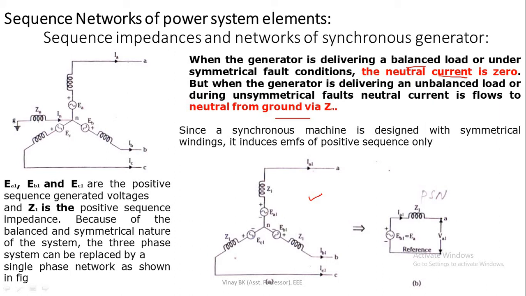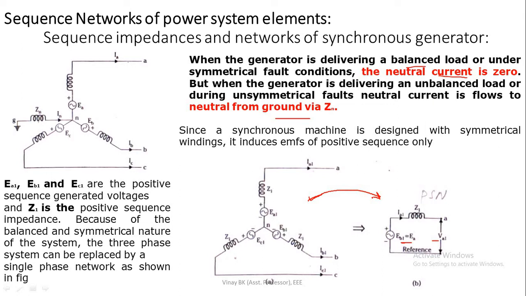Using the notation E for generated EMF and V for terminal voltage, we are representing the three-phase equivalent circuit diagram as a single-phase circuit diagram.